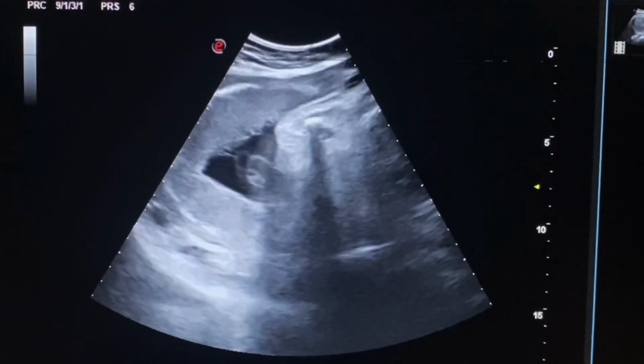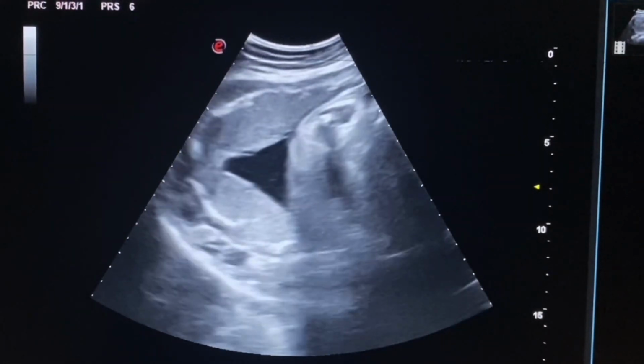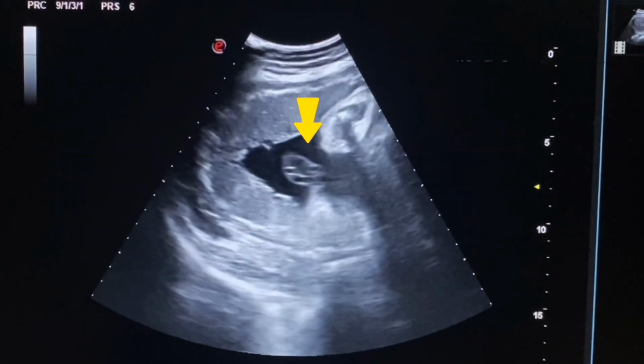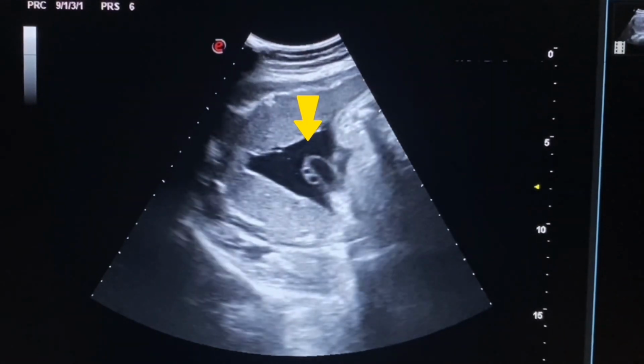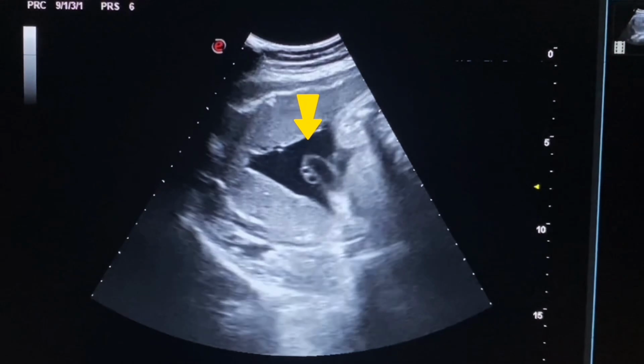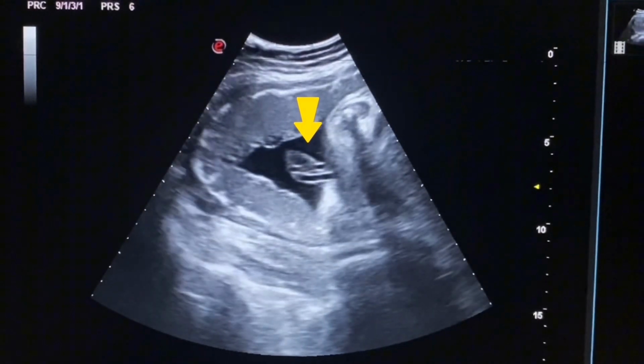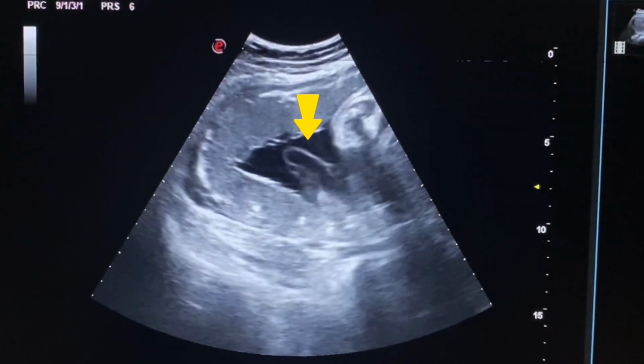Now we will find out the umbilical cord to take the systolic and diastolic ratio. Here we see the umbilical cord in cross-section view, two arteries and one vein.